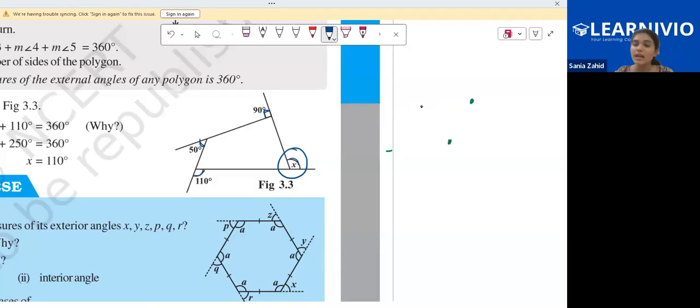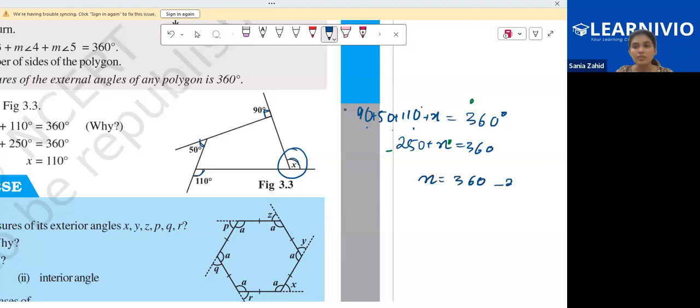That means when you add all of these angles, like when you do 90 plus 50 plus 110 plus x, that should give you 360 degrees, right? So you get 90 plus 50 plus 110, you get 250 plus x should give you 360. So x is equal to 360 minus 250.